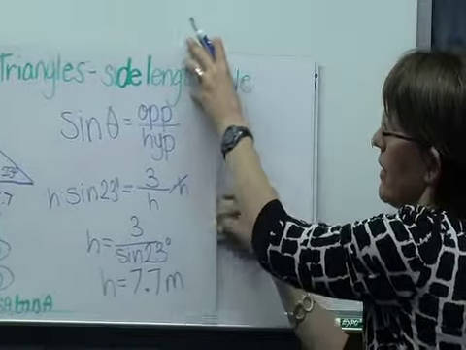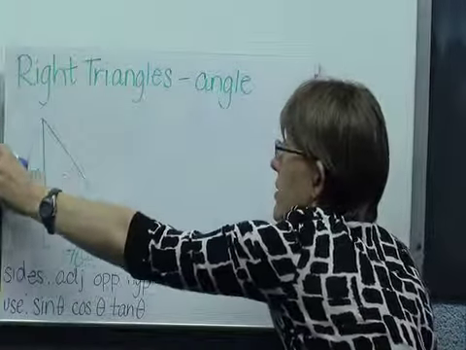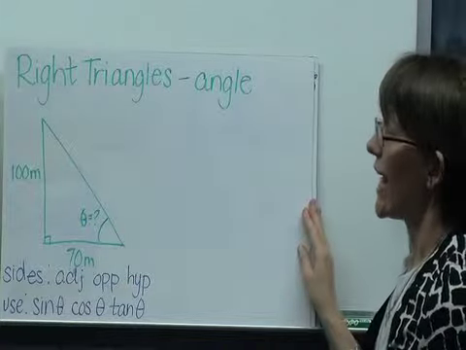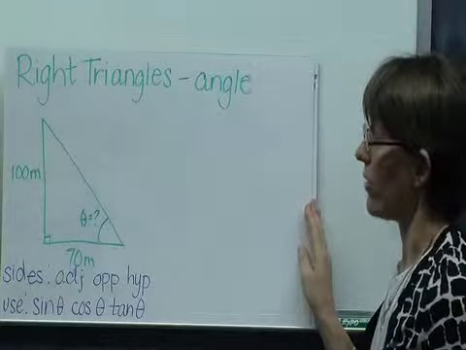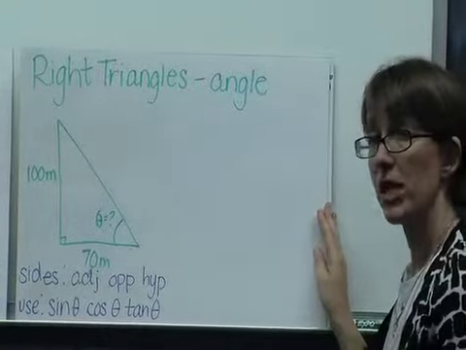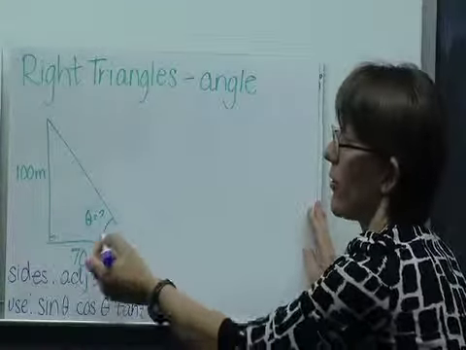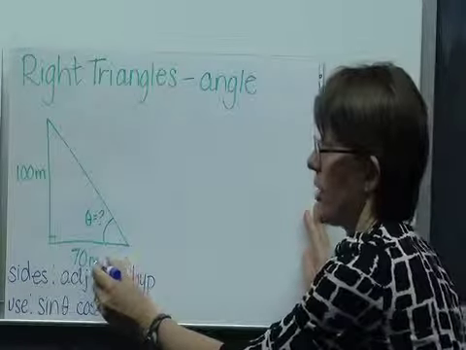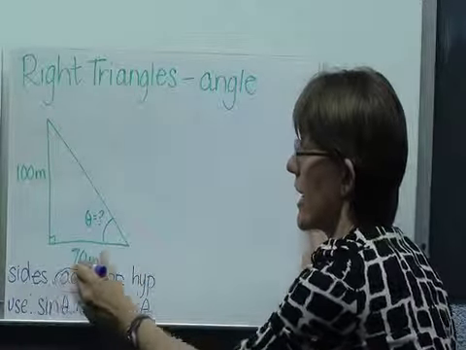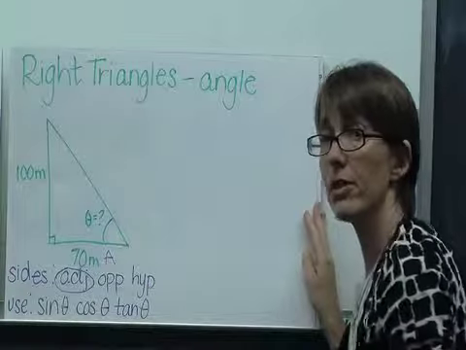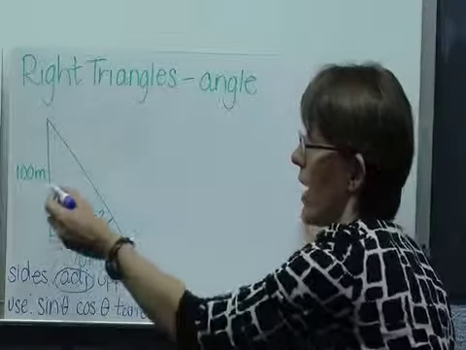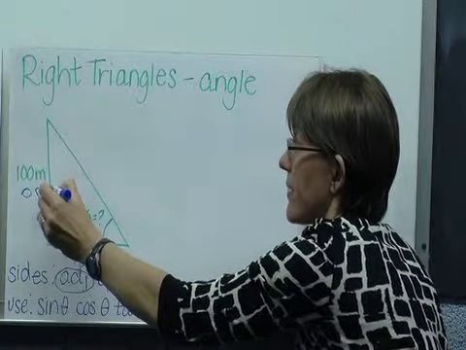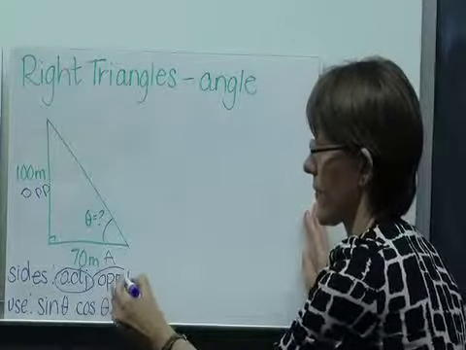Okay. We also could solve for an angle in a right triangle. So once again, I look at my picture here. I have my angle theta. I don't know its measure, but I do have the adjacent side, 70 meters, labeled. I have my opposite side, 100 meters, labeled.